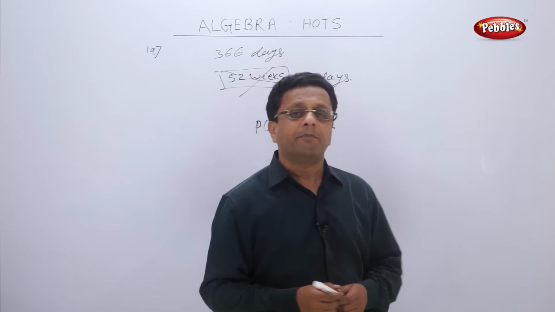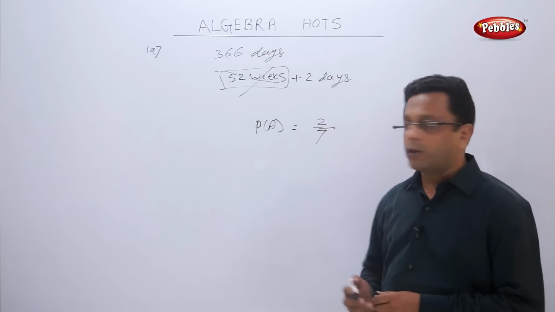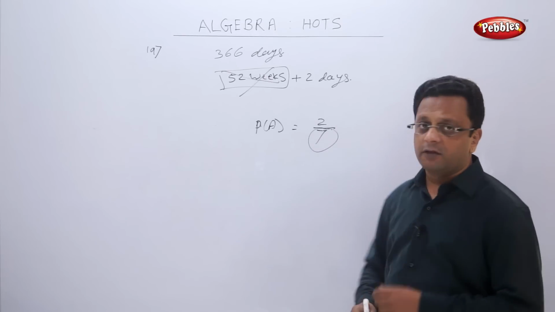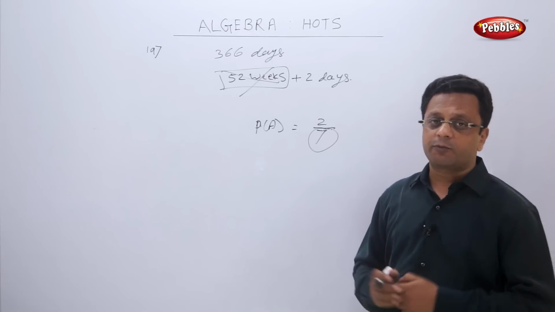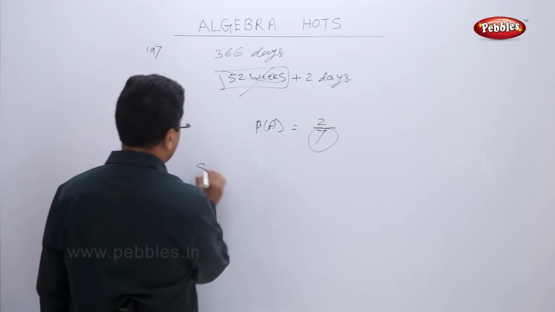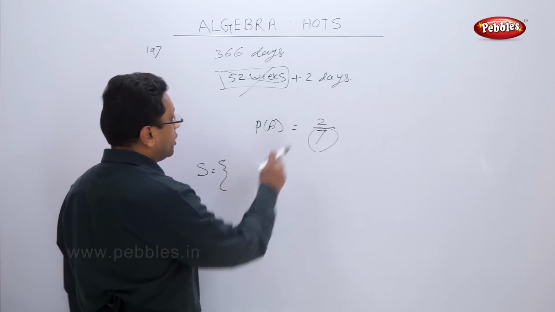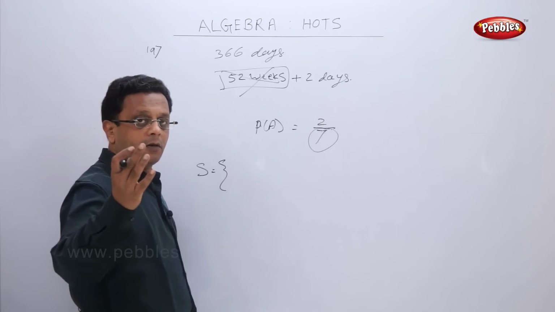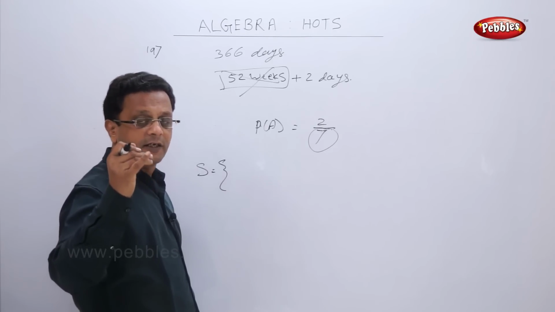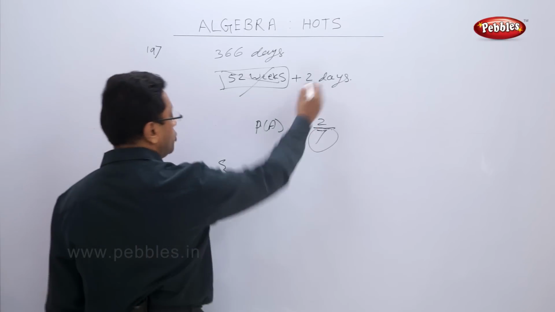But what will be the sample space in this case? The sample space, this 7 will not be similar to the previous problem. Just for information I am telling you. Initially it was Monday, Tuesday, Wednesday, Thursday, Friday, Saturday, Sunday, but in this case you have 2 more days.